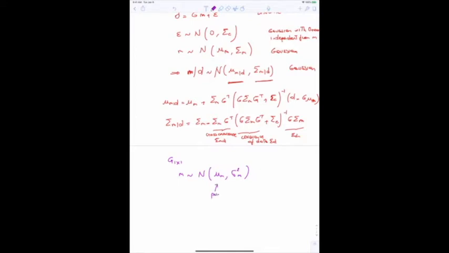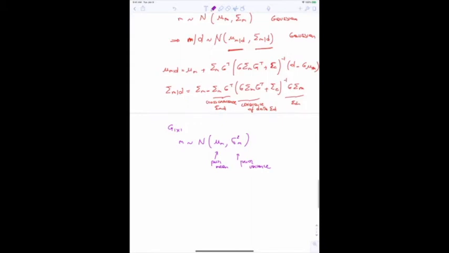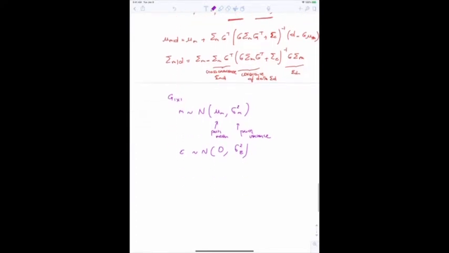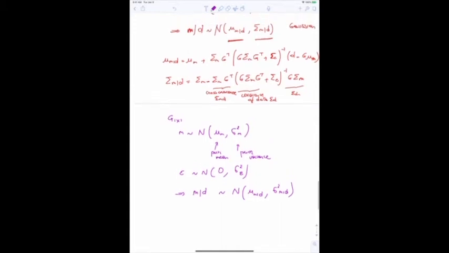And epsilon is distributed according to a Gaussian distribution with zero mean and variance sigma epsilon. Then m given d is also Gaussian with conditional mean mu m given d and conditional variance sigma square of m given d.